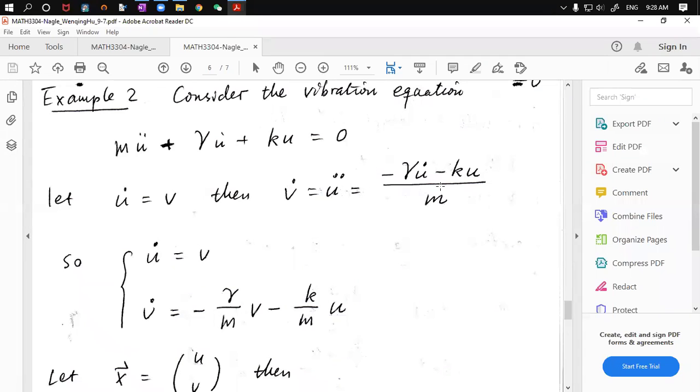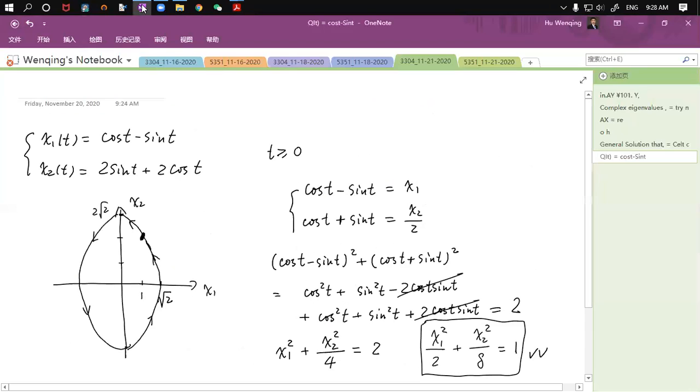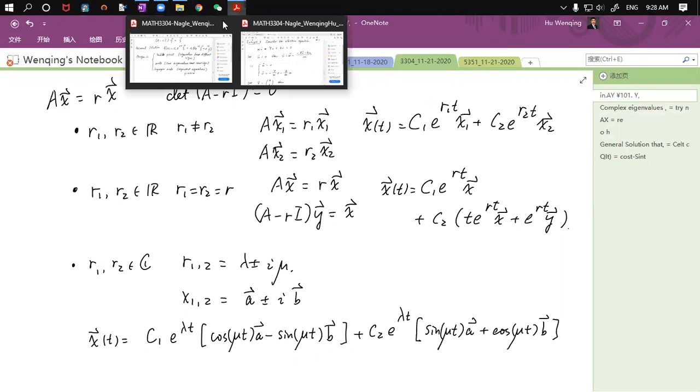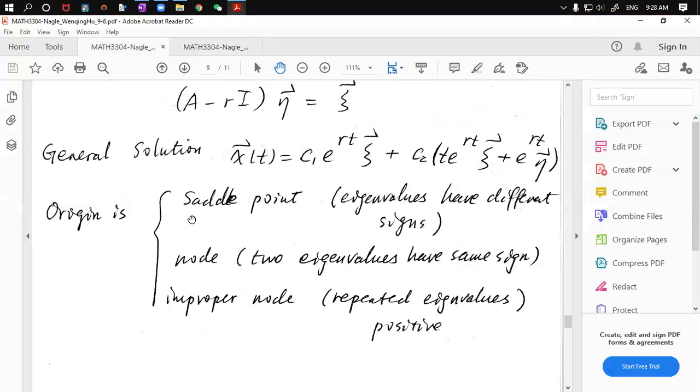So now we have talked about everything regarding the second order equations, and they are summarized in this separate sheet. There are 3 cases, and for each case we have gotten the formula for the problem. The origin is classified as a saddle point if the eigenvalues have different signs.